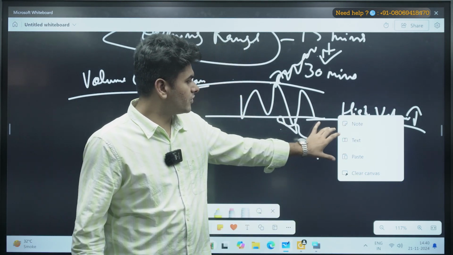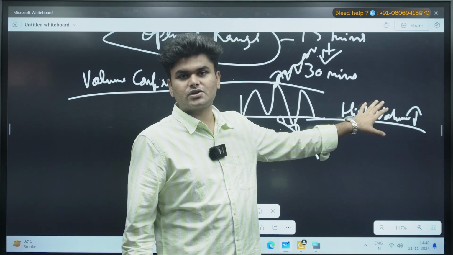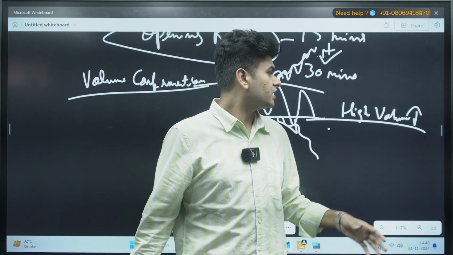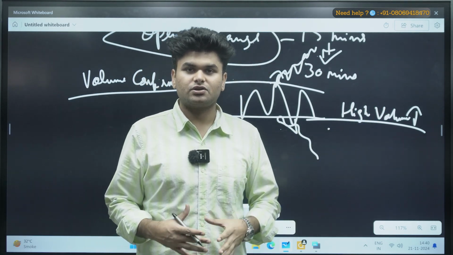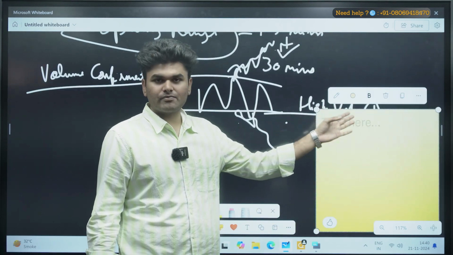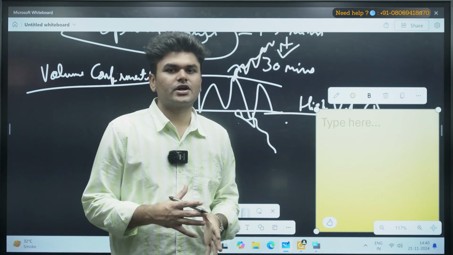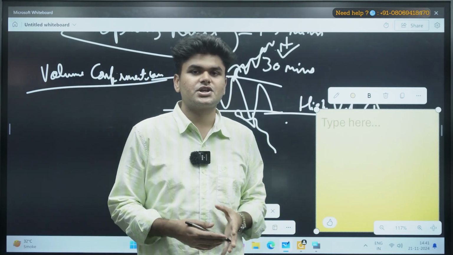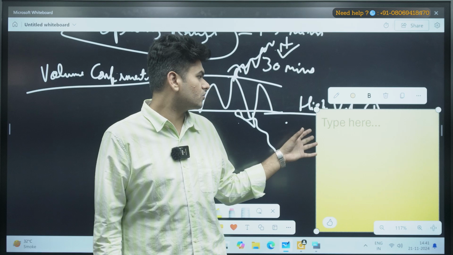So with the volume we get to confirm whether the direction we are trying to decode is a strong trend or a weak trend. Now if you are seeing high volume at this particular momentum, this time you can initiate a trade because you are seeing good momentum.